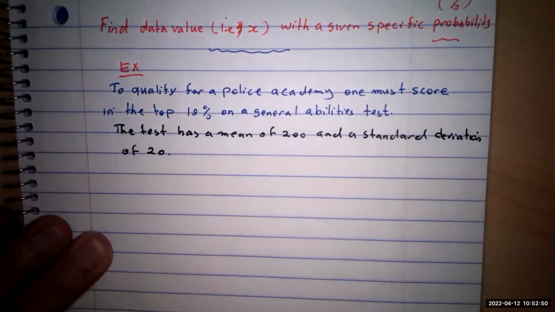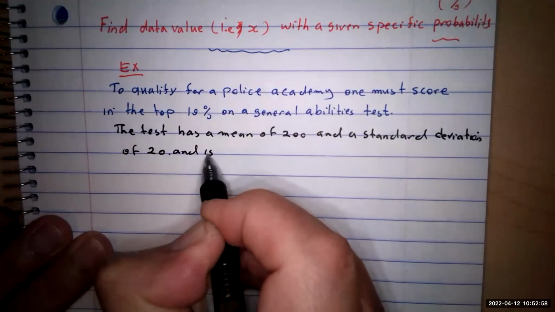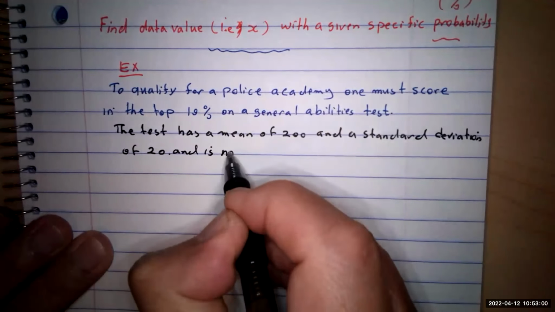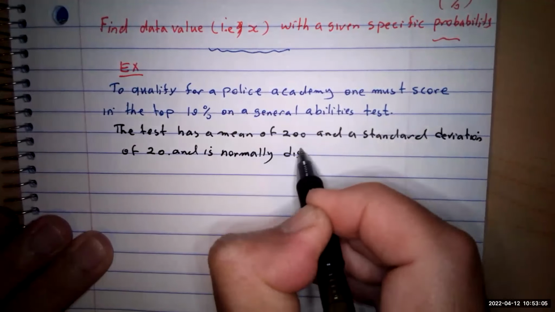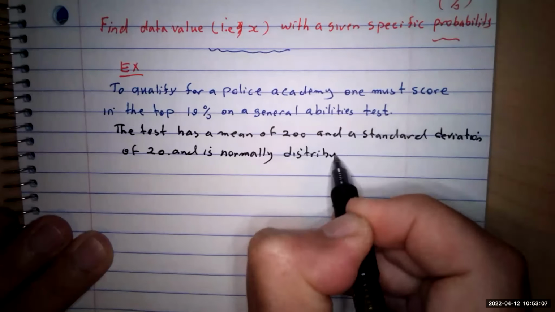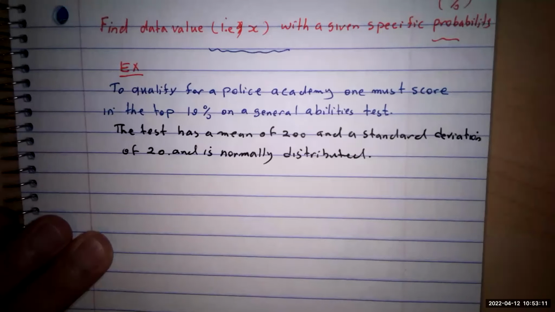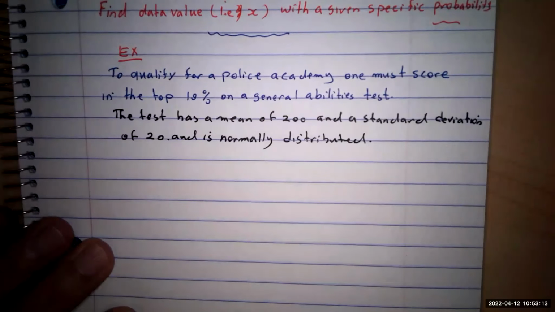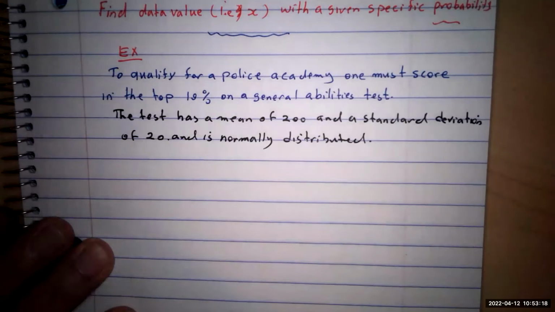Okay, so this is the information we talk about as soon as they say it's normally distributed. The score of the test is normally distributed, the mean of the scores is 200, and the standard deviation is 20. So what's the question?